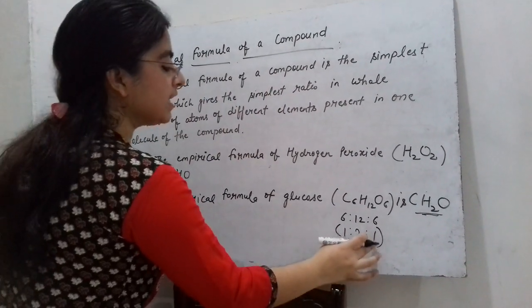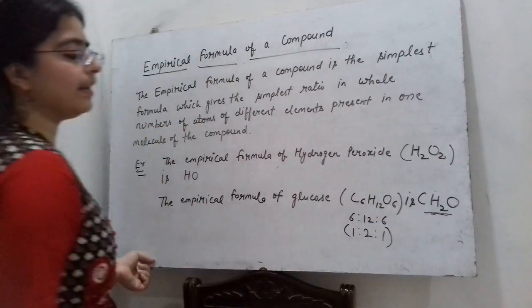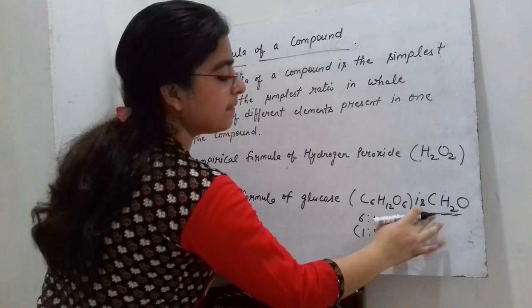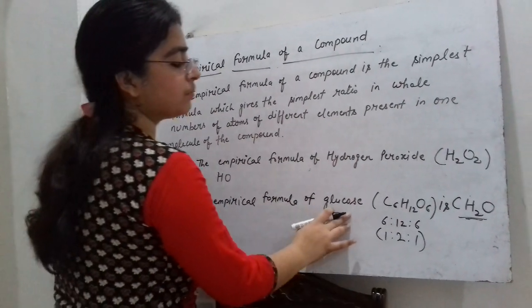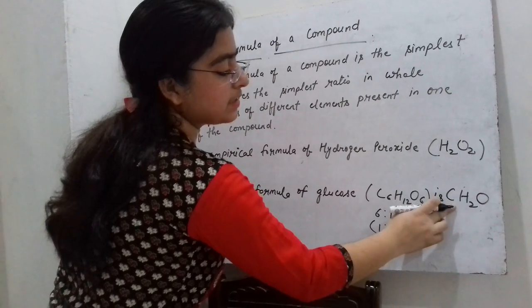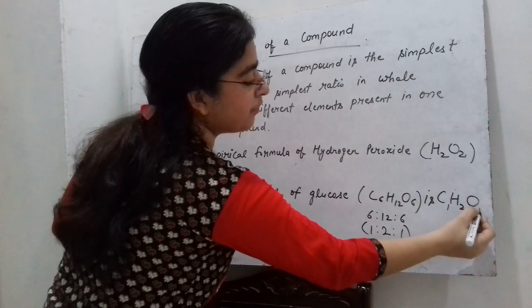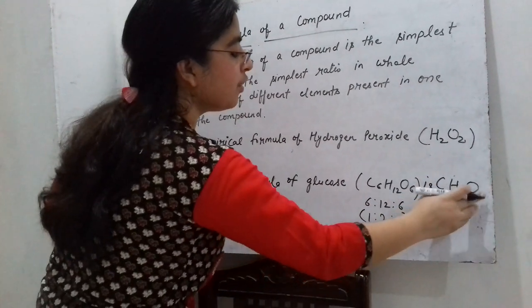By using this ratio of the number of atoms of different elements, the formula will become CH2O. This is the empirical formula of glucose, CH2O, which contains 1 atom of carbon, 2 atoms of hydrogen and 1 atom of oxygen. It is the simplest formula.